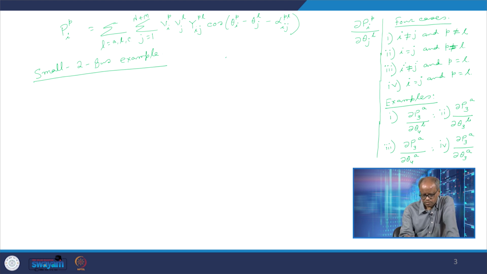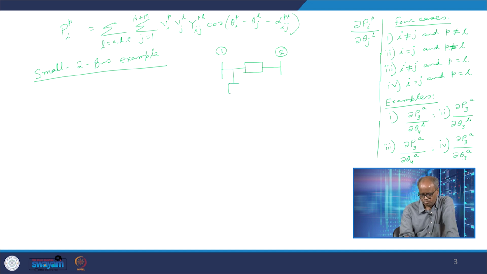So, I have just a 2 bus system, bus 1 and bus 2. Please note, both of them are 3 phase buses.